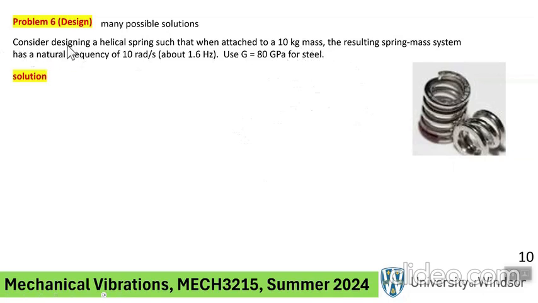It says consider designing a helical spring such that the attached mass of 10 kilogram, the resulting mass spring oscillation has a frequency of 10 rad per second or 1.6 hertz.